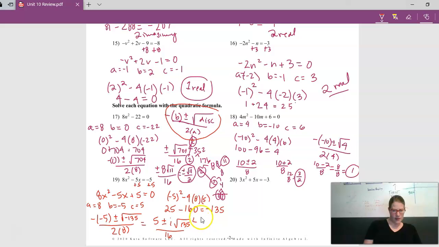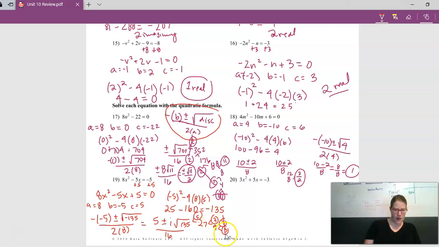And then we can go ahead and break down 135. That would be 5 times, let's see, 27. Just do it really quickly and then I won't have to get it wrong. 5 times 27 is 135. And then 27 is 3 times 9, and 9 is 3 times 3.